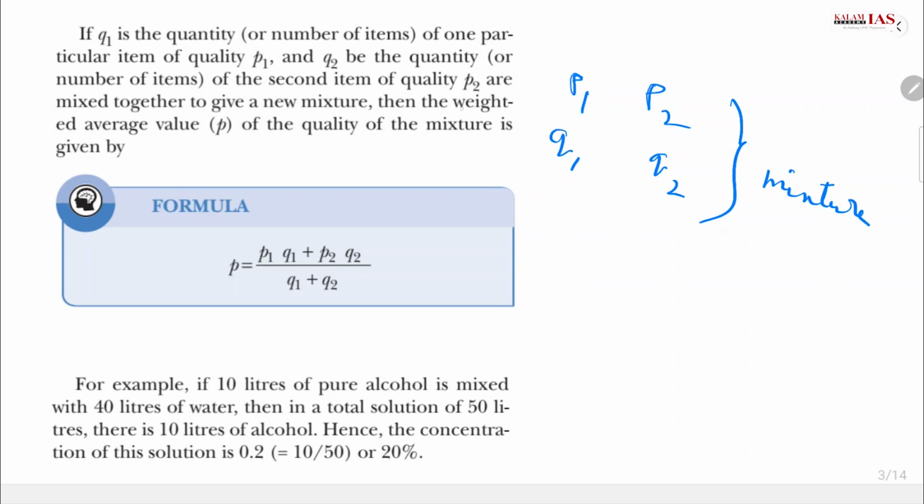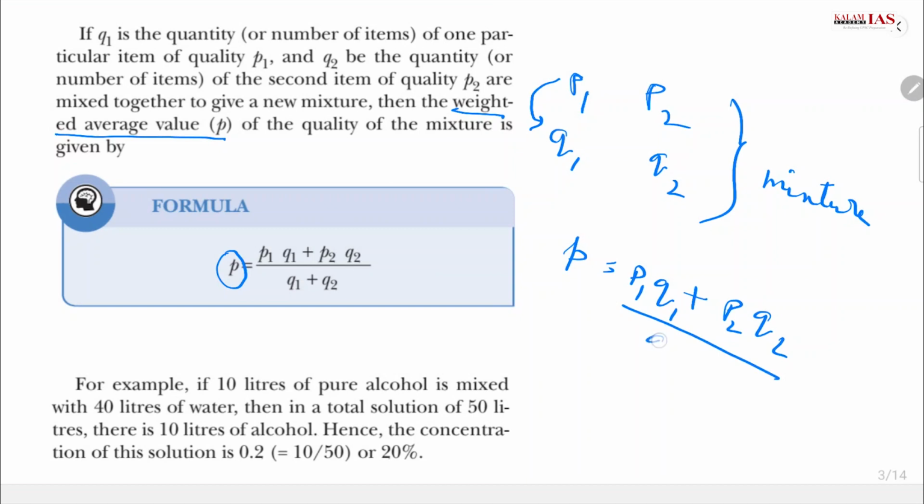Then the mixture is defined by a weighted average value P, which is equal to the price of one particular item times its quantity, P1 Q1, plus P2 Q2, divided by Q1 plus Q2, the total quantity. Now this is basically the weighted average value of the mixture, and this defines a mixture.